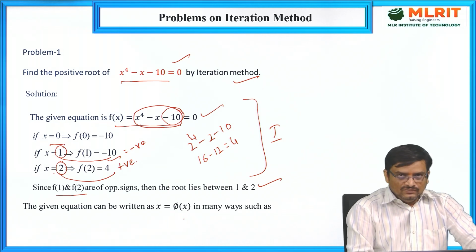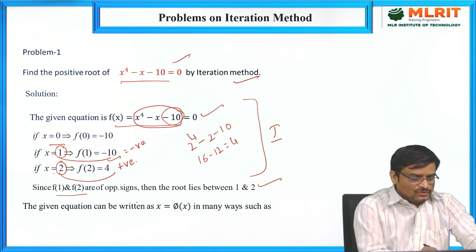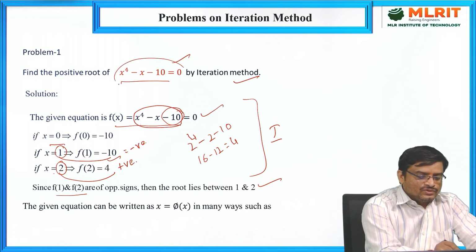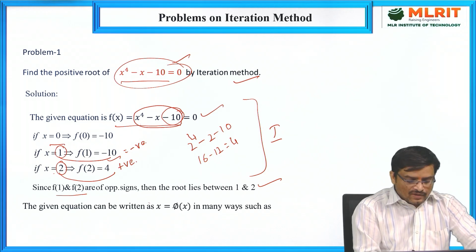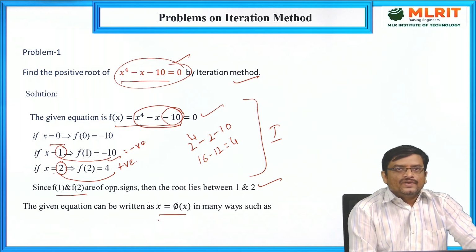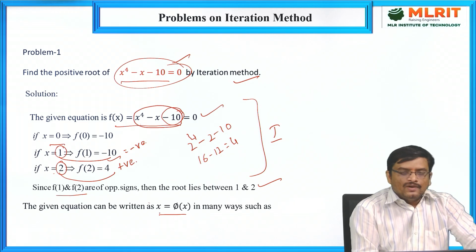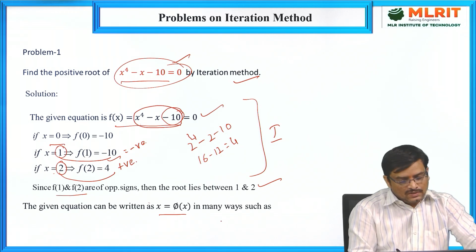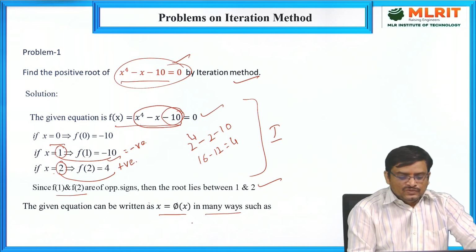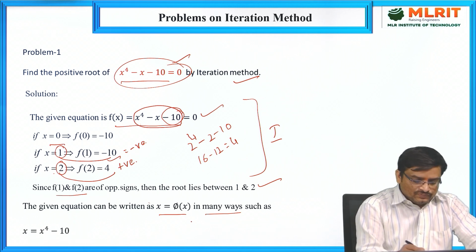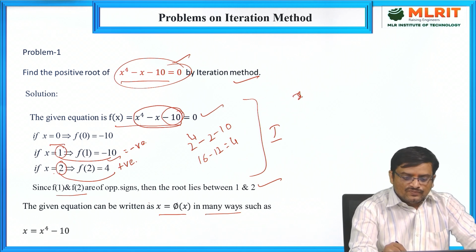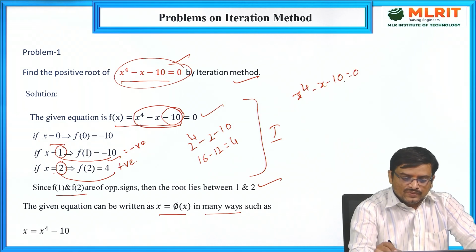Now the second stage is to convert this equation f(x) = 0 into the form x = φ(x). From this equation, we have many ways to do that, so we will see what ways we have. First, take x^4 - x - 10 = 0.